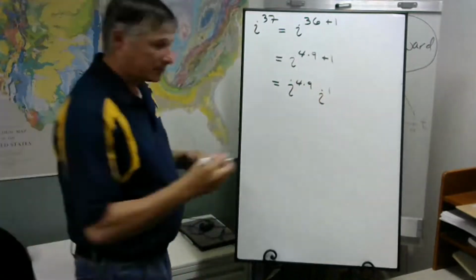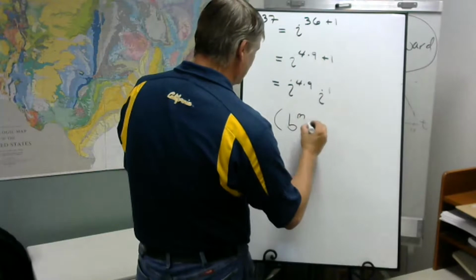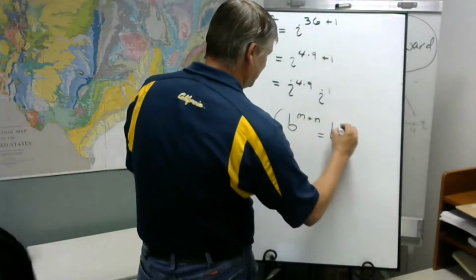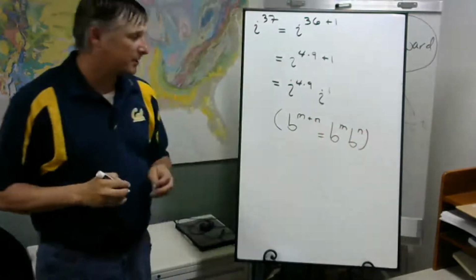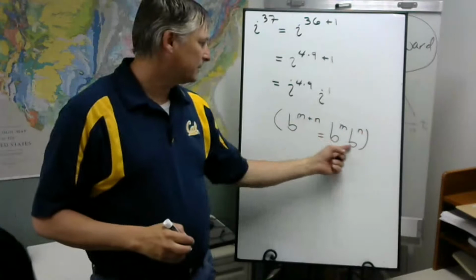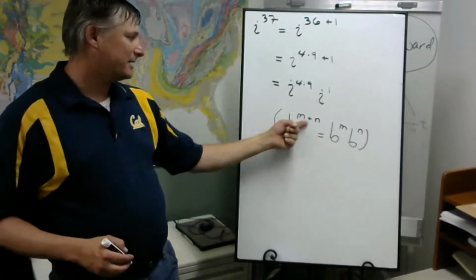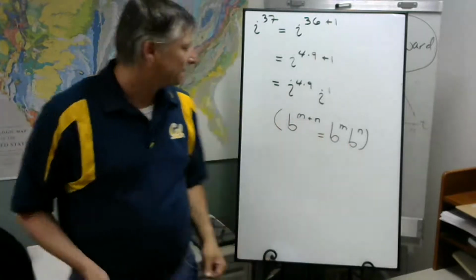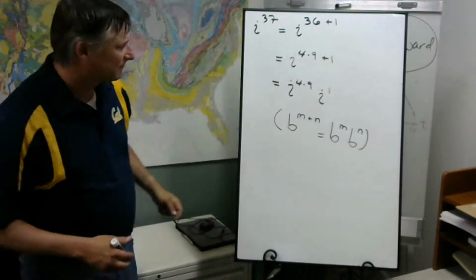It might have been a while, but recall that when you have the same base, it's a rule with exponents: when the bases are the same, you add the exponents. Or if you have a base with added exponents, we can do this backwards and rewrite it as a product. And so that is what I'm doing here.